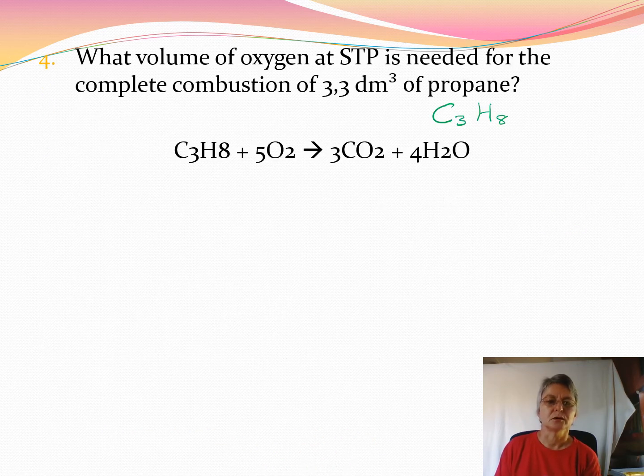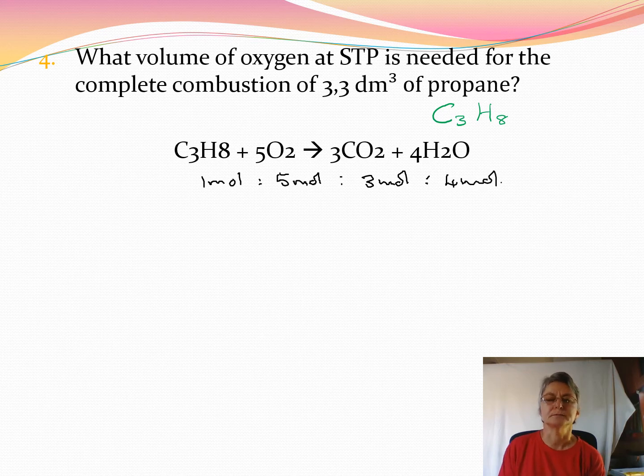Right, next, example 4. What volume of oxygen at STP is needed for the complete combustion of propane? So the mole ratio is 1 mole propane to 5 moles oxygen to 3 moles carbon dioxide and 4 moles water. So the mole ratio and the volume ratio is exactly the same.